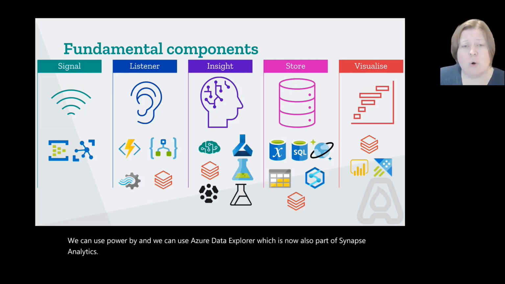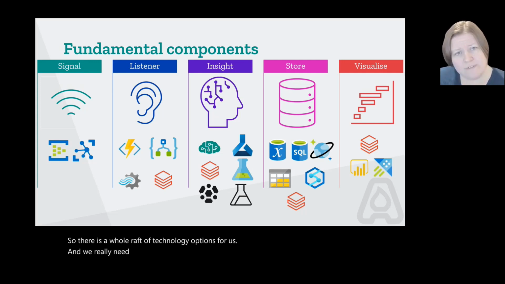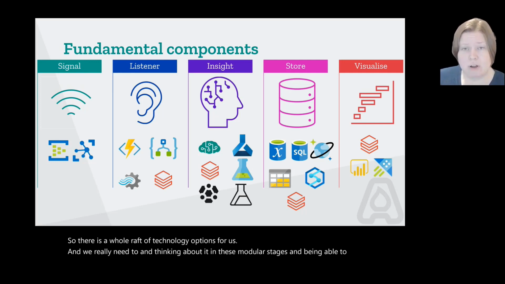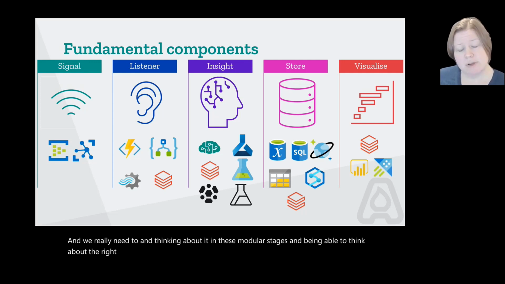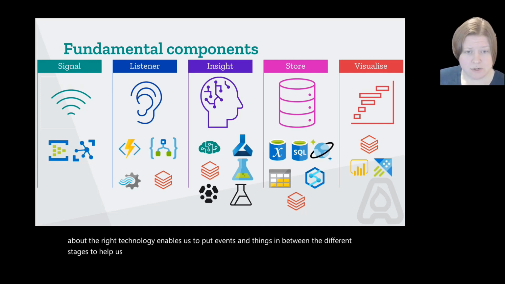So there's a whole raft of technology options for us. And we really need to think about it in these modular stages, and thinking about the right technology enables us to put events and things in between the different stages to help us decouple our solutions.